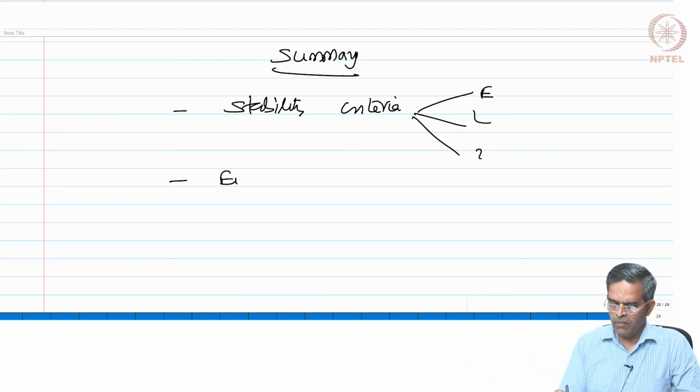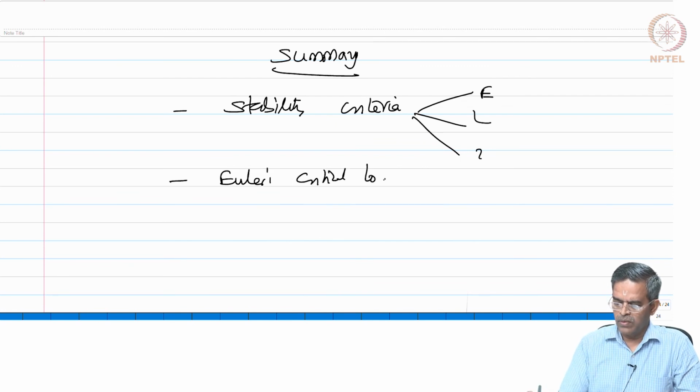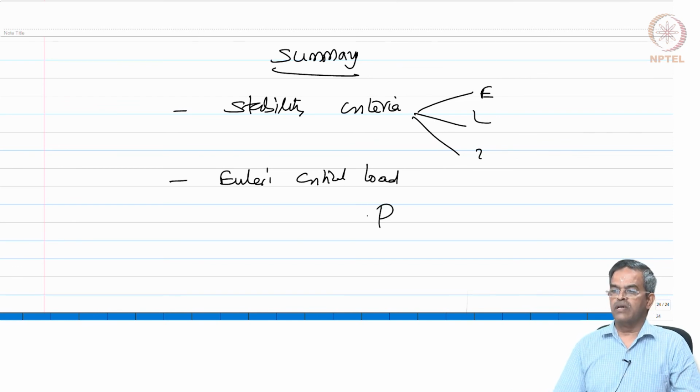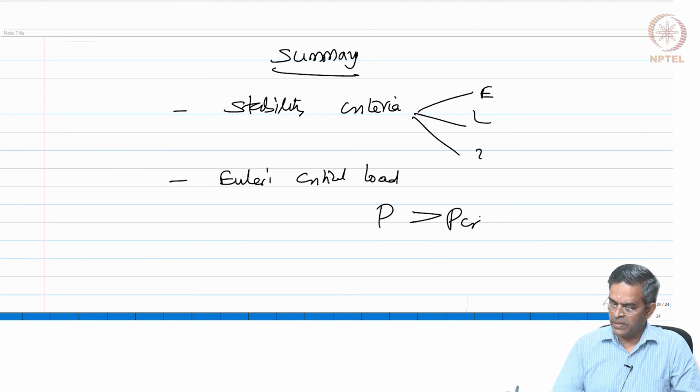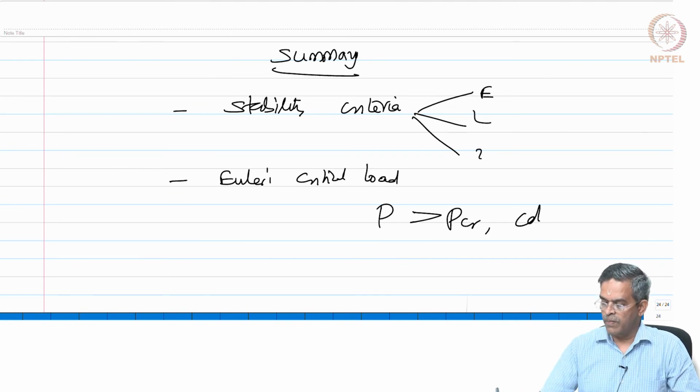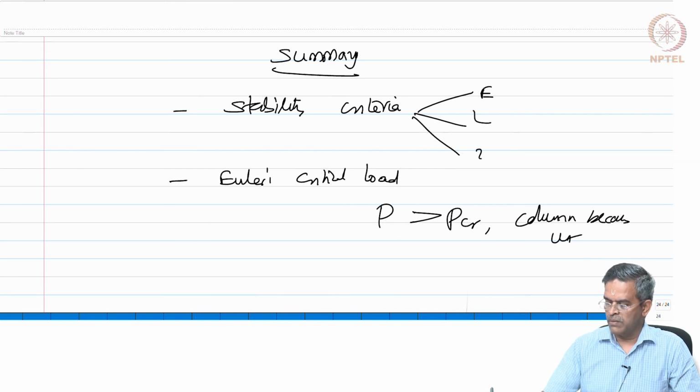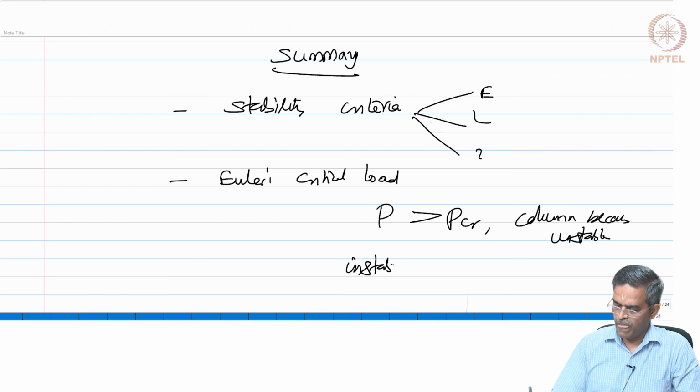We started learning more about Euler's critical load, and we have understood that when the applied load exceeds the critical capacity, the column becomes unstable, and instability is a form of failure.